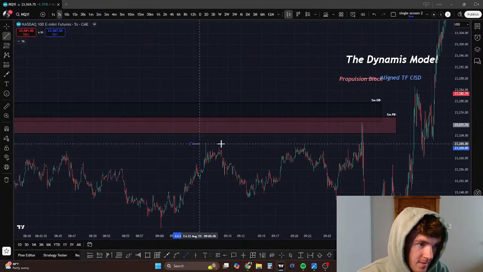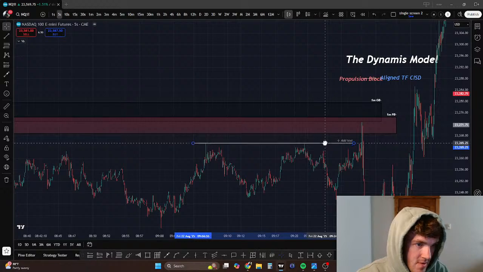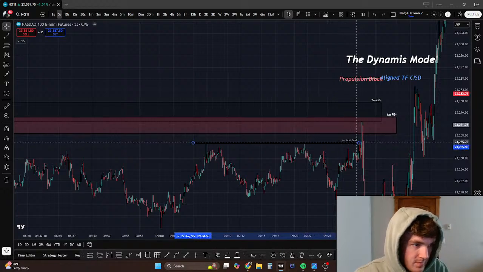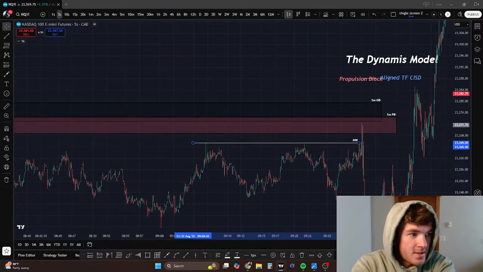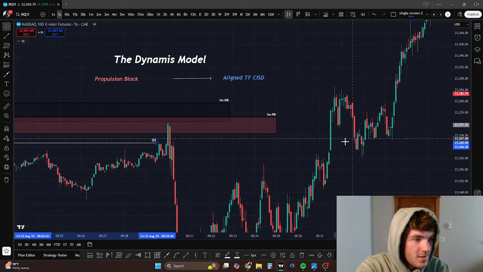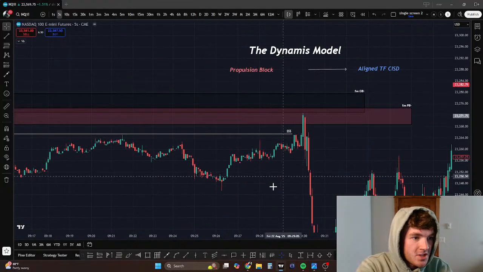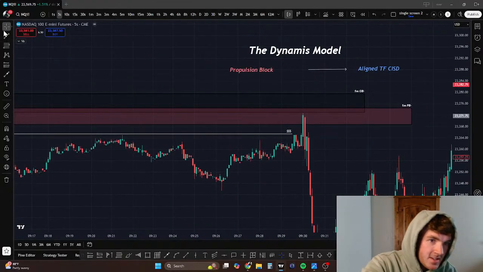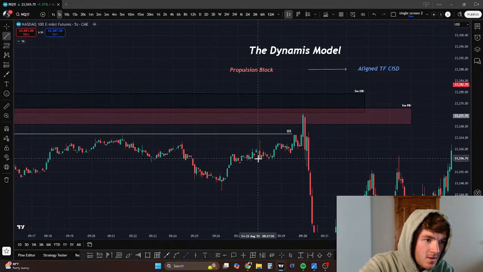We have a liquidity sweep right here. And if we have a 1 minute key level, then what kind of change in state of delivery do we need? We need a 5-second change in state. Bang.